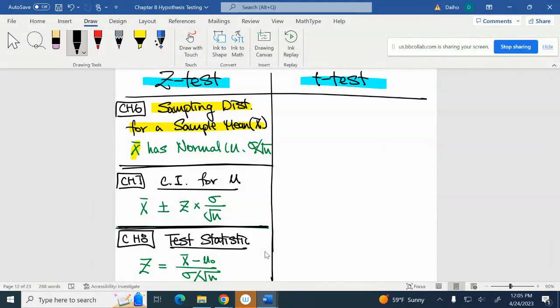So please compare them. In chapter 6, we got the normal distribution for the sampling distribution for the sample mean. And based on the normal distribution, we made the confidence interval, and we determined the test statistic in chapter 8.